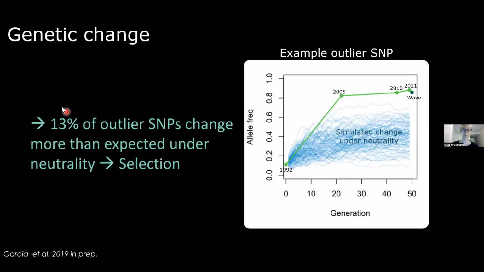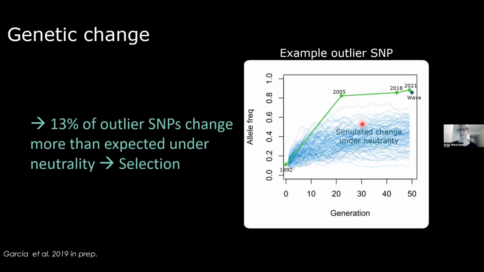It's a bit similar to what I talked about for the first study. We can also here establish a neutral model of allele frequency change that we expect if there is no selection on the skerry. This neutral model is reflected by these blue lines here. What I'm showing is simulated changes of allele frequencies under neutrality over time from the start to the end of the experiment.